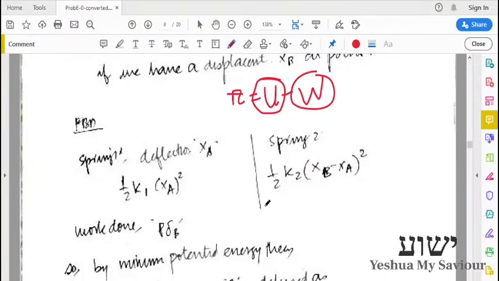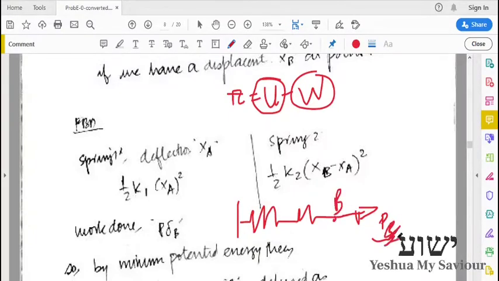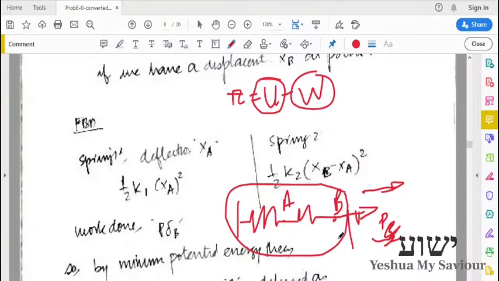So we have two springs, we have a load P here. If we look at the deflection, this is point B, this point A. If we look at the free body diagram, or if we just look at the system, if we consider that this is inside a black box, then due to this load, the point B will move an amount, say xb.